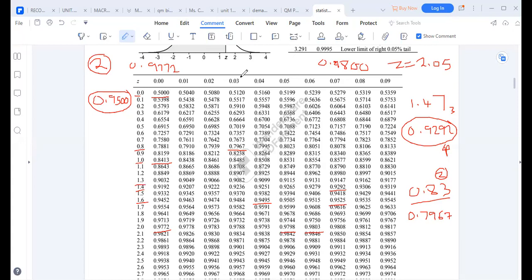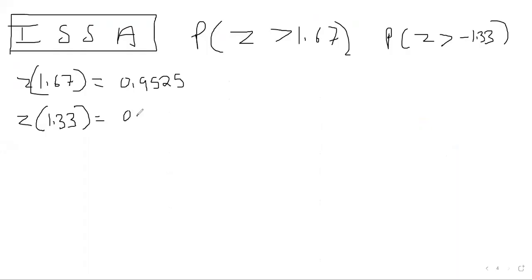The 3. So it's 1.3 and the 3. What is the reading? 9082. Are we agreeable? Yes. 9082. So these are just mere readings.